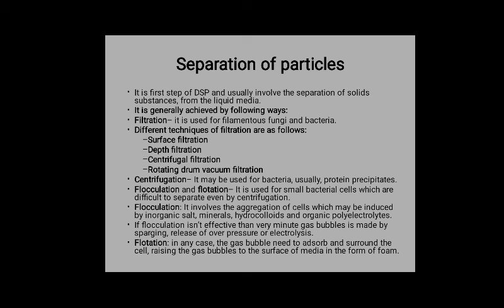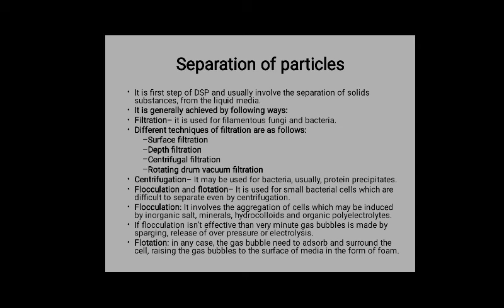Now in flocculation, the cells are aggregated, which may be induced to aggregate by any inorganic salt, minerals or hydrocolloids or other organic polyelectrolytes. In case the flocculation isn't effective, then very minute gas bubbles are made by sparging, or by release of overpressure, or by electrolysis.